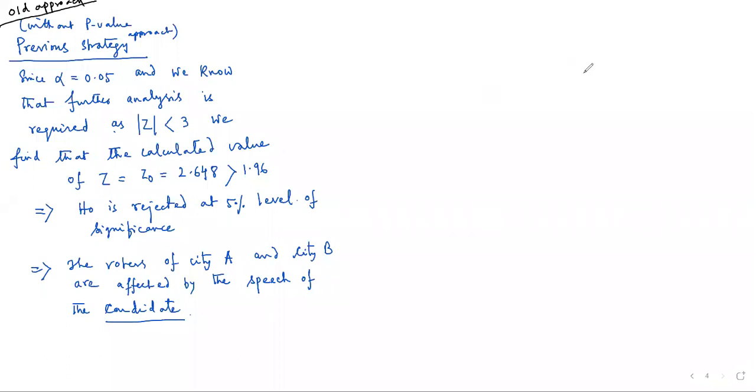But if you observe 2.64 and 2.58, these two values are not too separated. They are kind of close to one another. So I'm going to explain these issues in the next session.